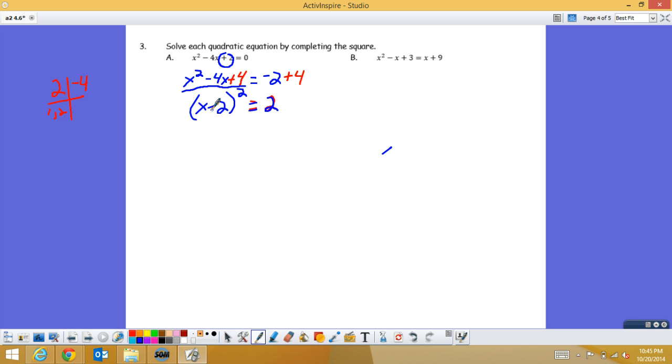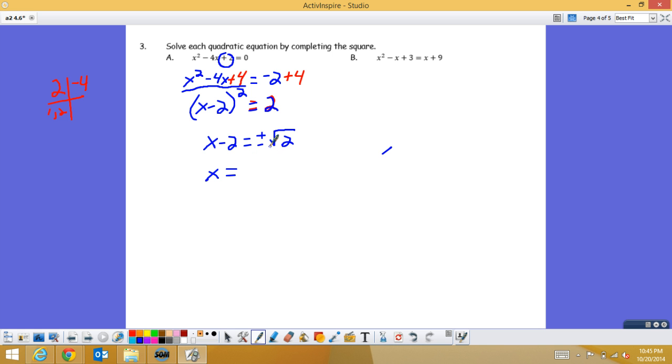So in this case, we are squaring some number to get 2, so that number is either equal to plus or minus the square root of 2. And again, that square root doesn't come out evenly, so we're going to leave it as the square root of 2. And to get the x by itself, we add 2 to both sides. Just as if this were y or z over here, we would not be able to combine the 2 and the z.